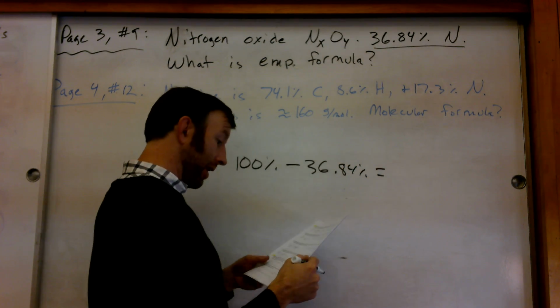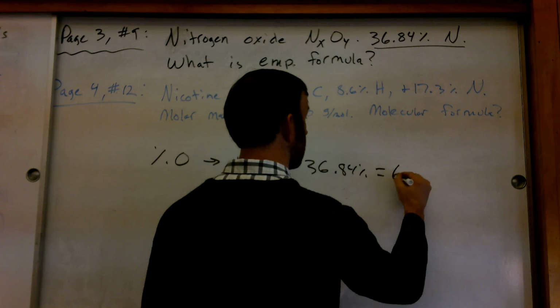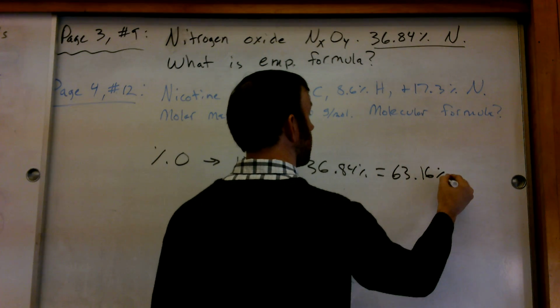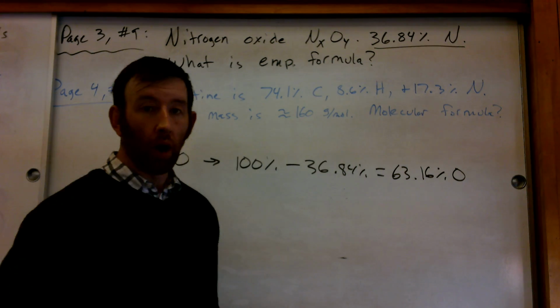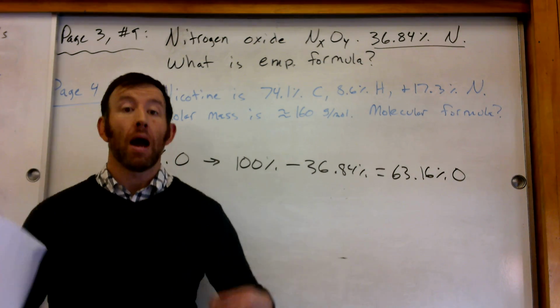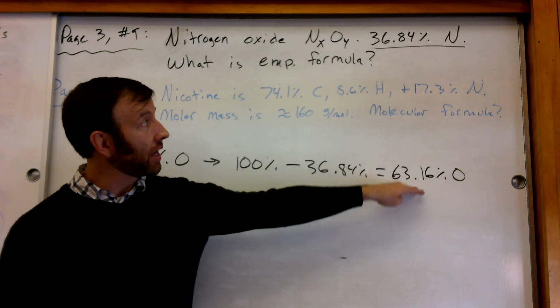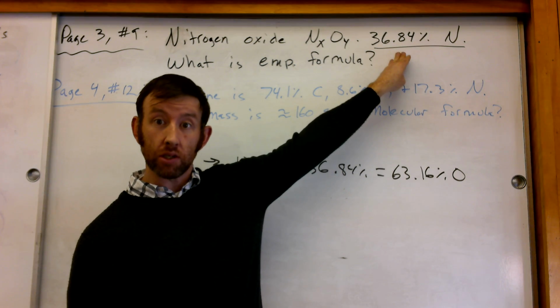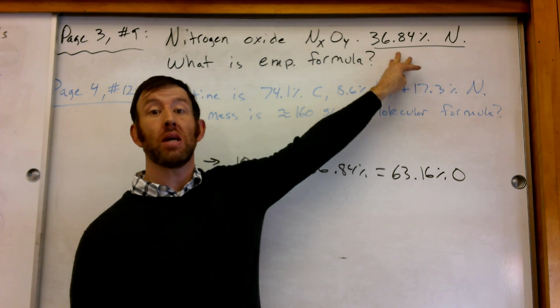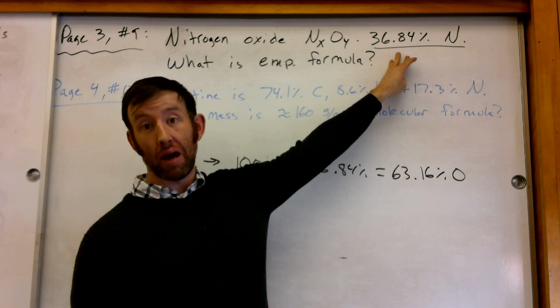When I do that, I get 63.16% oxygen. Now that I know my percent for each one, I have enough information to go ahead and figure out my empirical formula.